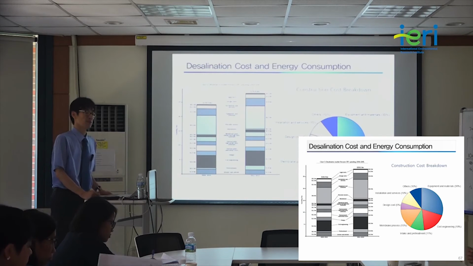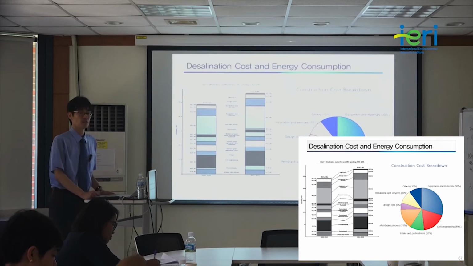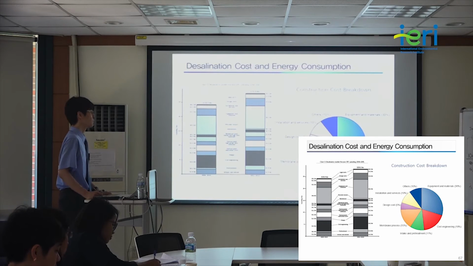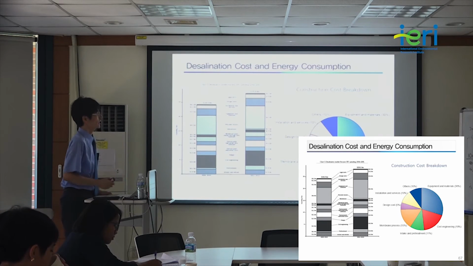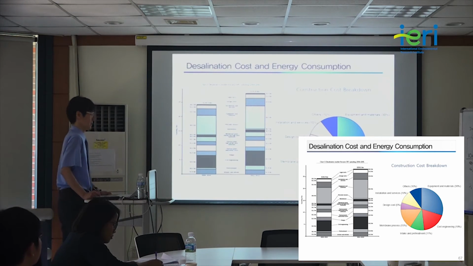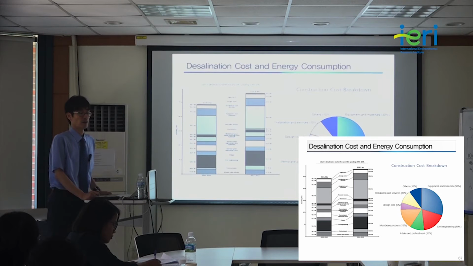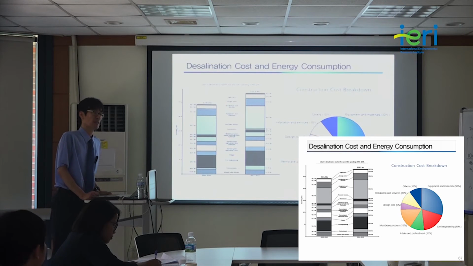As I already mentioned, depending on the situation and site, we may have to spend more money on the intake or less. And the membrane process: although people just imagine the membrane when they first think of reverse osmosis desalination, the membrane cost in the construction is only about 10 to 15%.